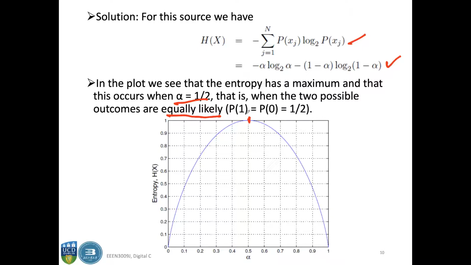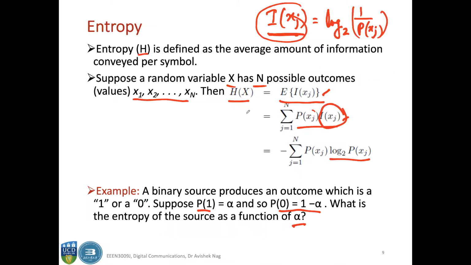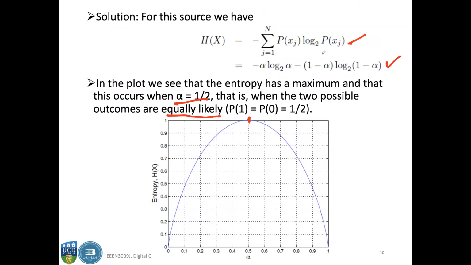Entropy is the average amount of information, and the maximum average information is conveyed when the outcomes of the source are equally likely. This is a very important result in information theory.